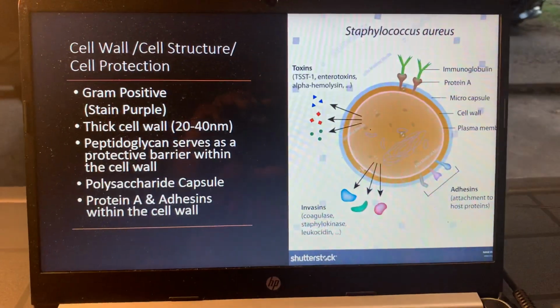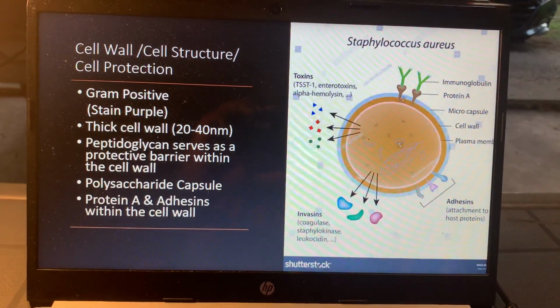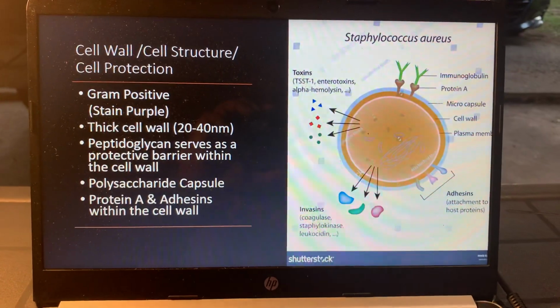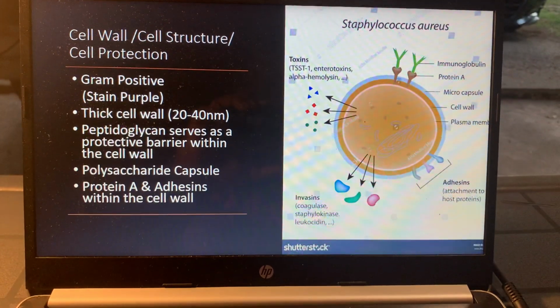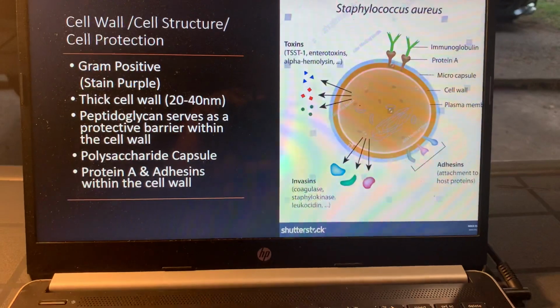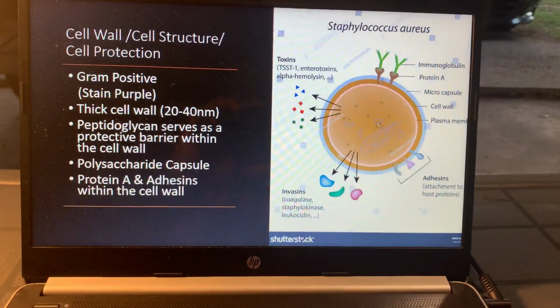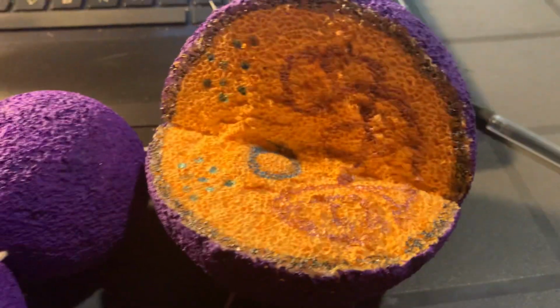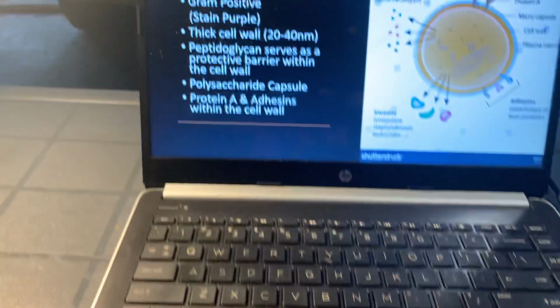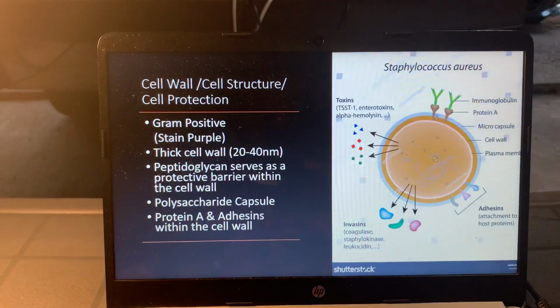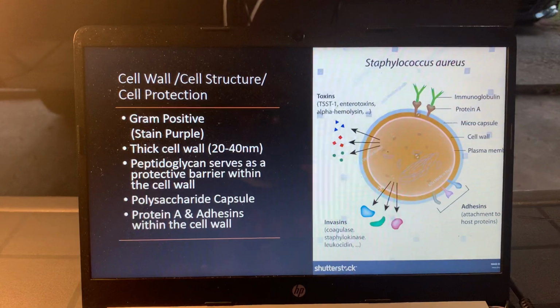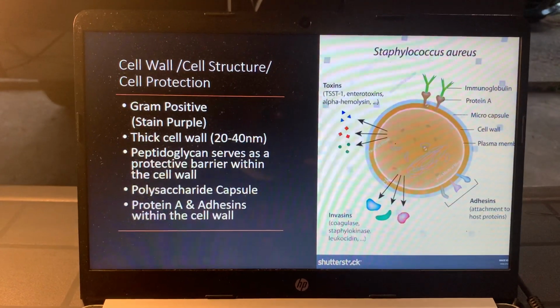Cell wall, cell structure, and cell protection. Staphylococcus aureus is a gram-positive microbe. So when you stain it, it is going to stain purple because it is gram-positive, okay? The cell wall itself is anywhere between 20 and 40 nanometers thick.